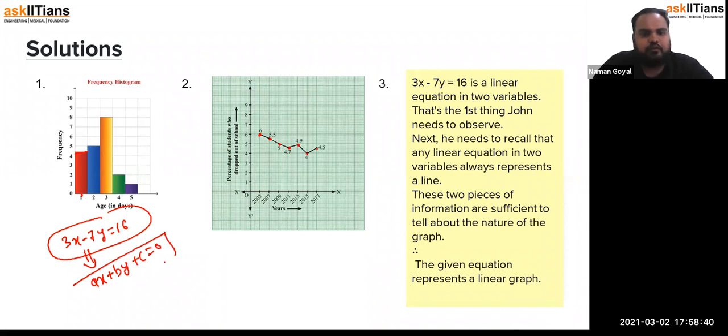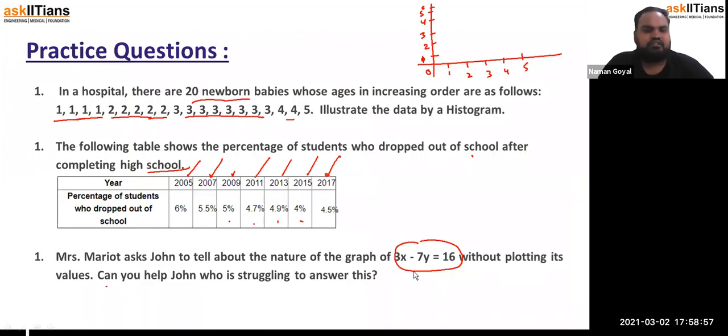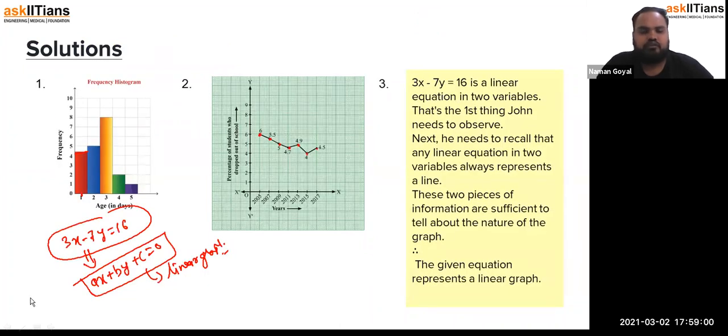So the graph of this particular equation is what? A linear graph. Got it? Basically, the graph represented is a linear graph. This is a linear relation between x and y. This is the answer.